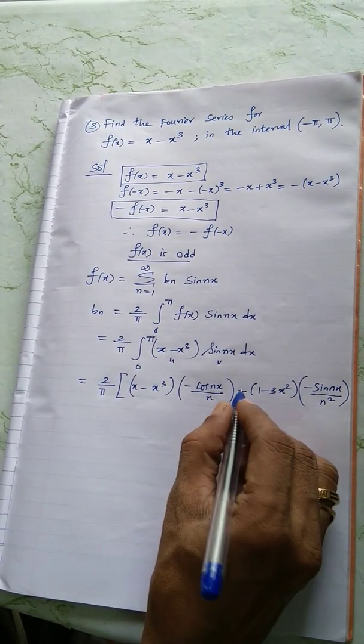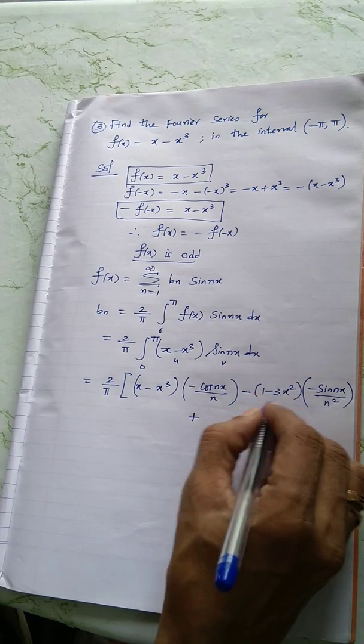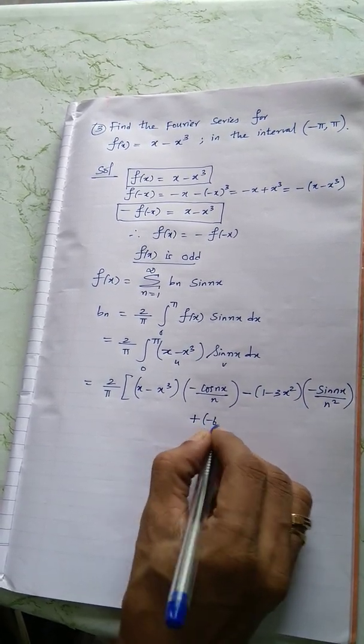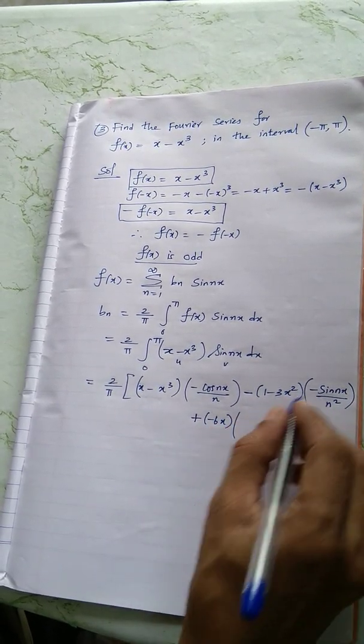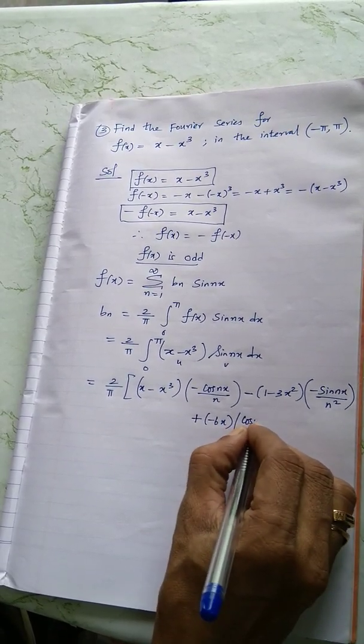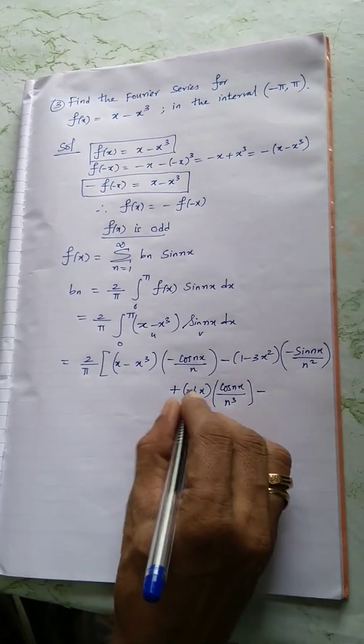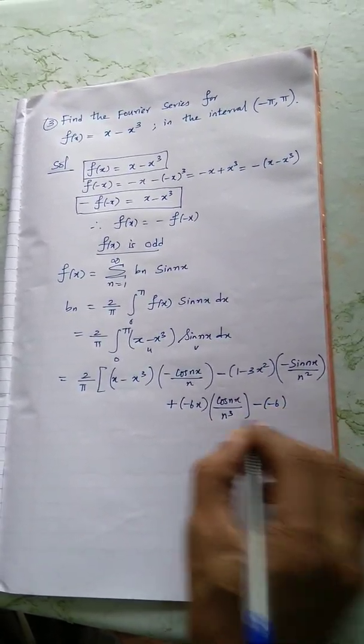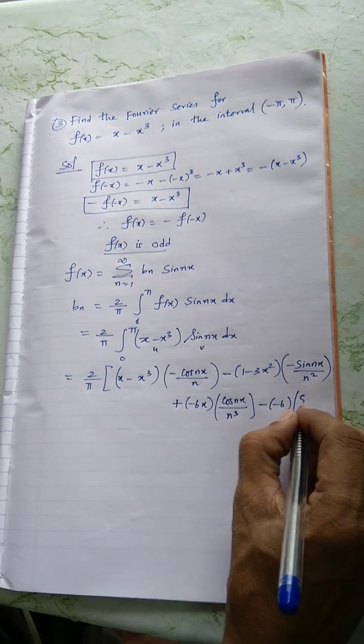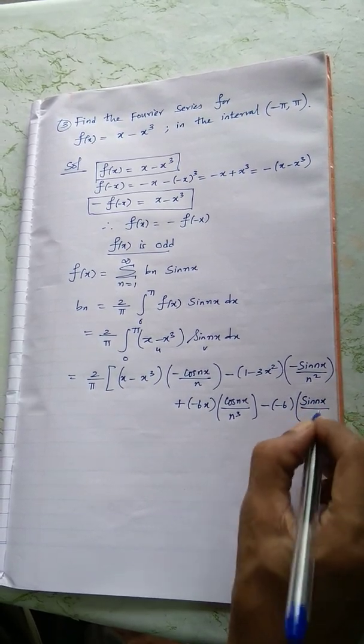And then it's alternating sign, therefore plus the derivative of this entire bracket, minus 6x, and the integral of minus sine is cos nx by n cube, and one more term, minus the derivative of this, minus 6, and the integral of cos is sine nx by n power 4.